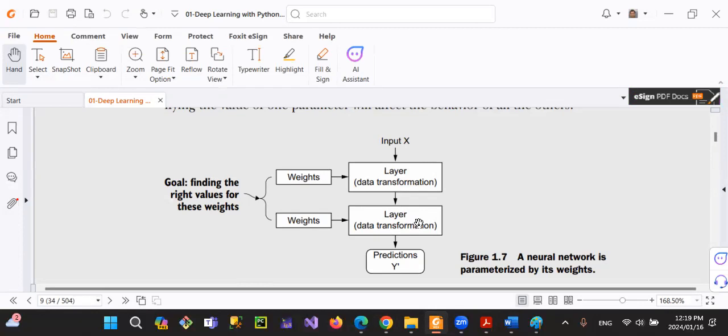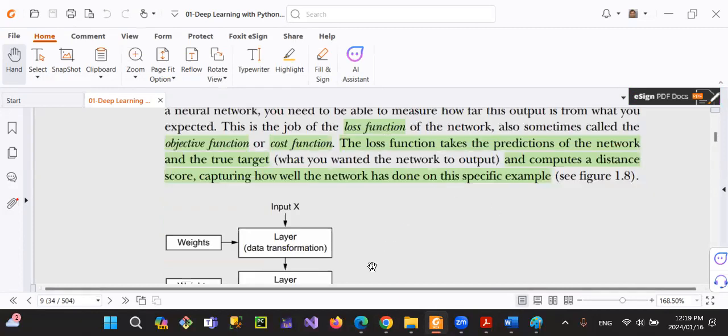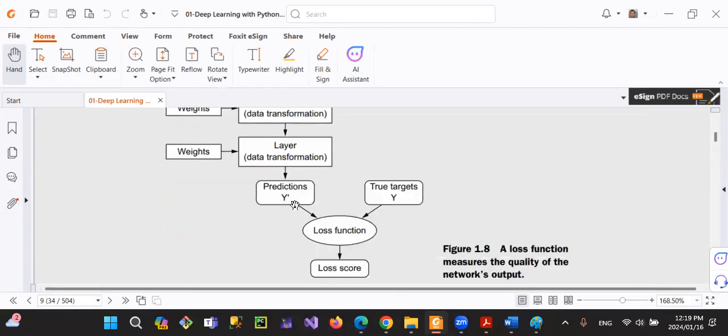Okay, awesome. So look at this one. When we get the prediction, we need to calculate the distance between y predict and the actual truth. It says true target. We call them targets, label, ground truth. There are lots of names for this. Y simply.